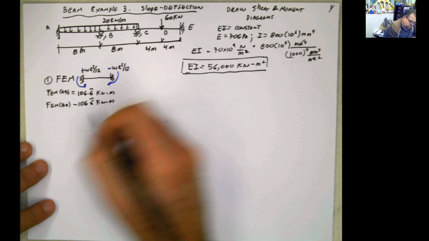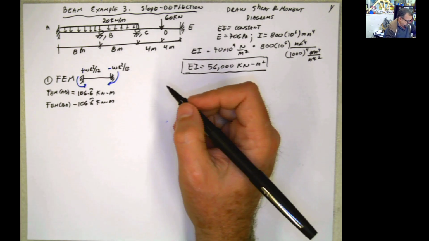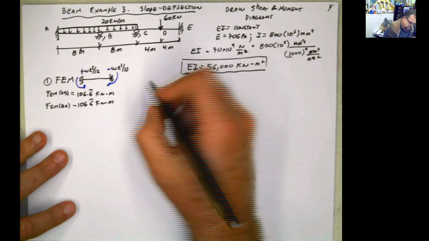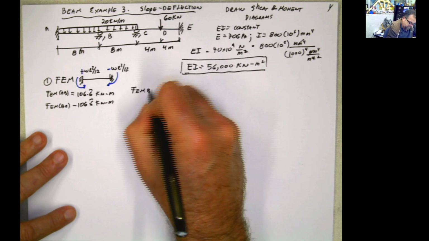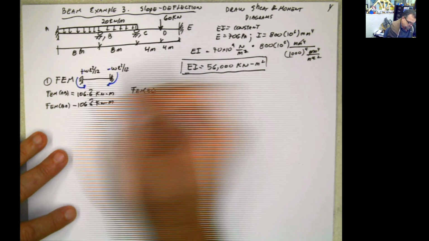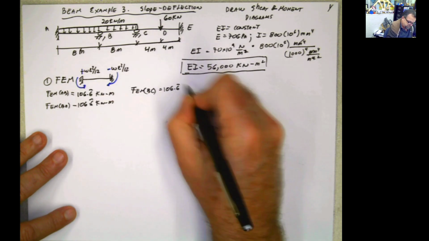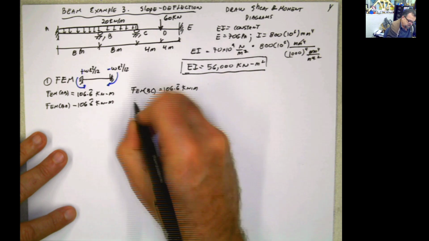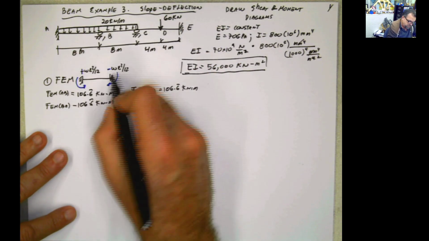If we do BC, this one is the same as this one. We're looking at this side, right? So it's going to be 106.6. And for CB, it's going to be the same as BA. You use this.